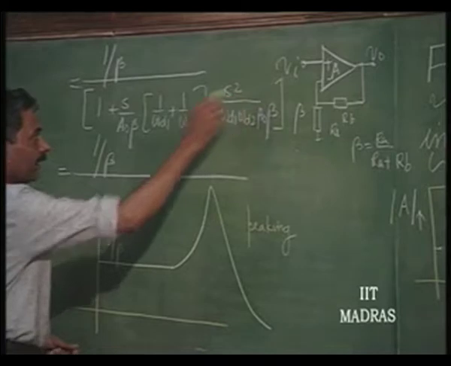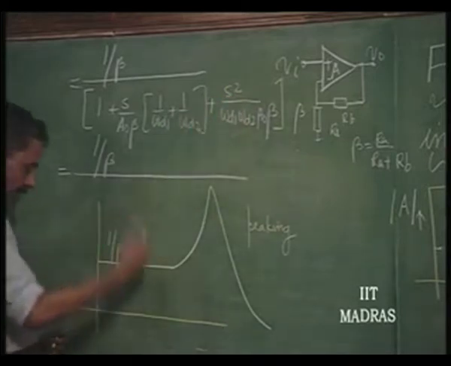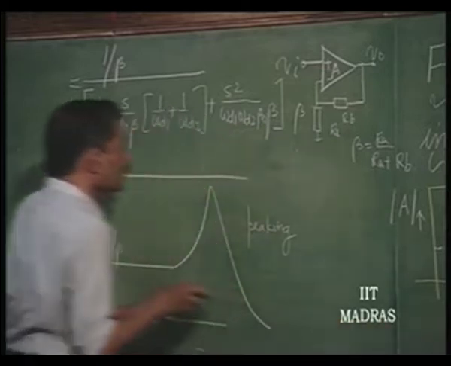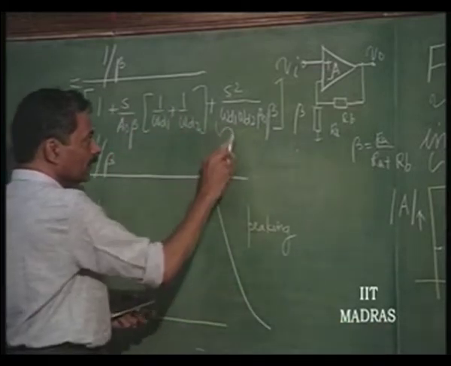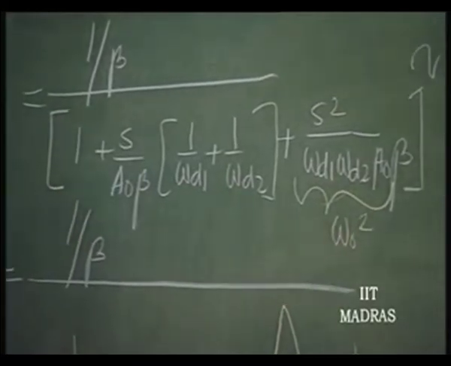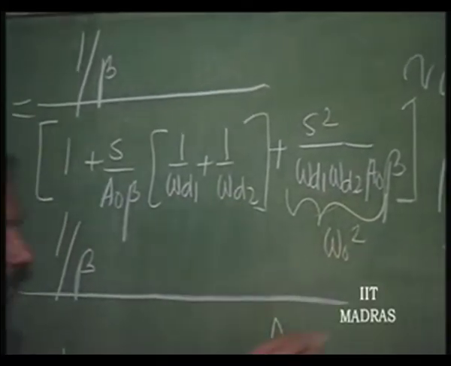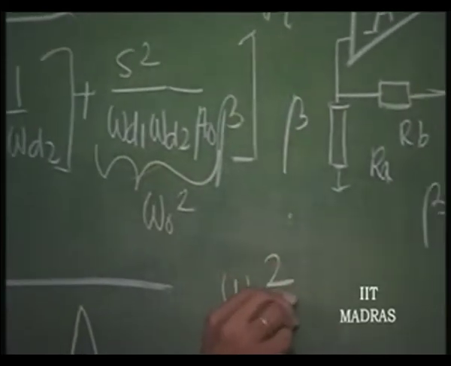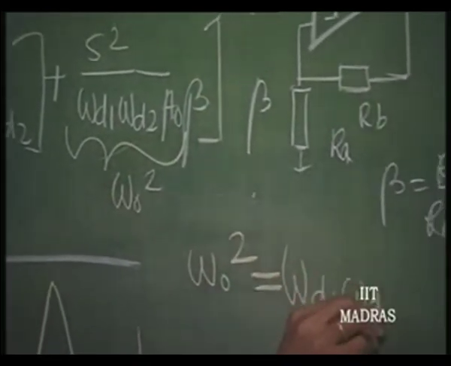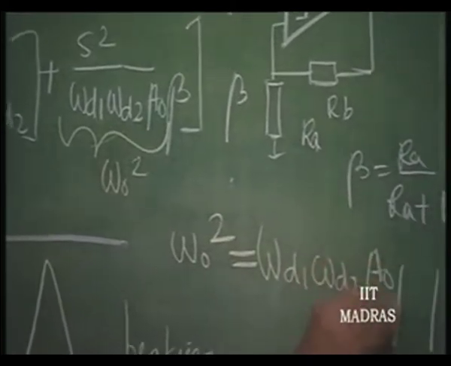Now, this can be rewritten as normalized frequency, because it is already normalized. So, the whole thing now becomes the natural frequency omega naught squared, just like in the case of a filter, right. So, omega naught squared is equal to omega d1 omega d2 into a naught beta.